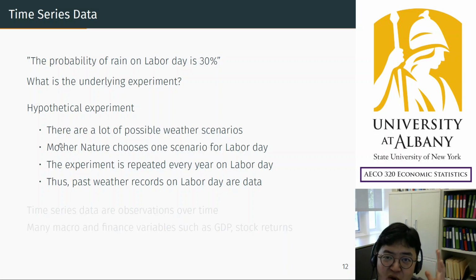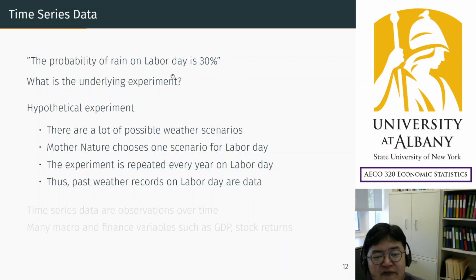Mother Nature, someone, chooses the realization. I understand if you think it's absurd, but it's not my fault. This is the standard view on probability.